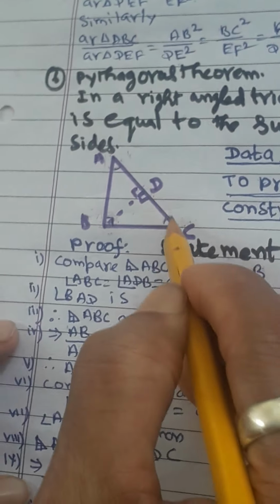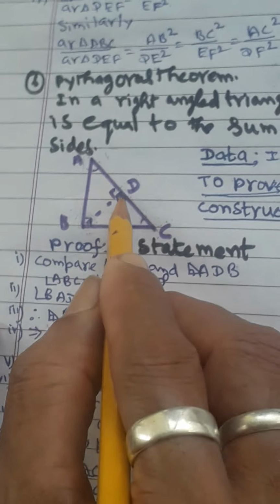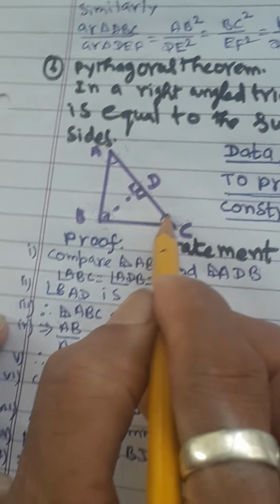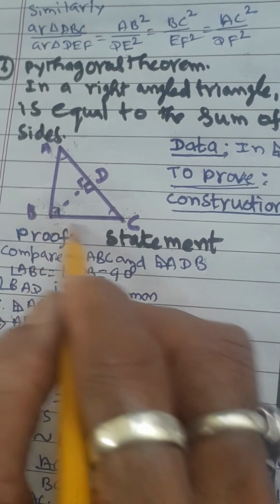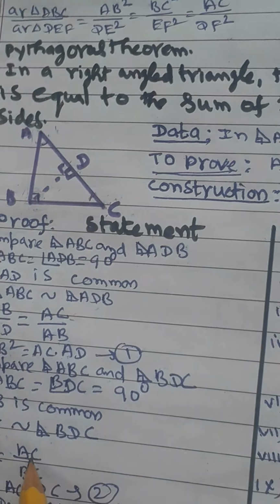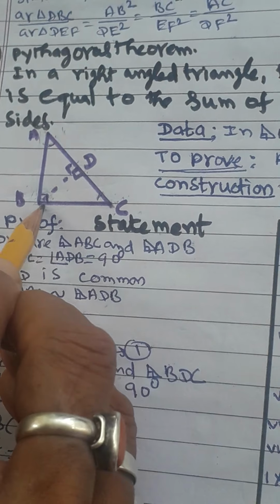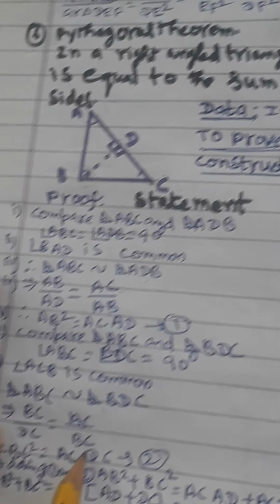By AA criteria, BC divided by CD is equal to AC divided by BC, because the hypotenuse of this triangle is AC and of the other triangle is BC.